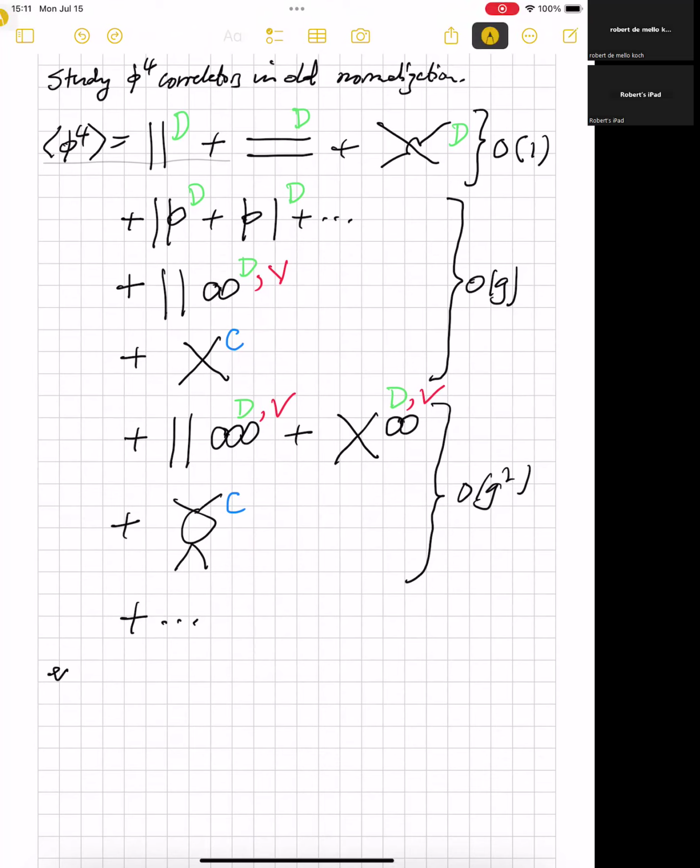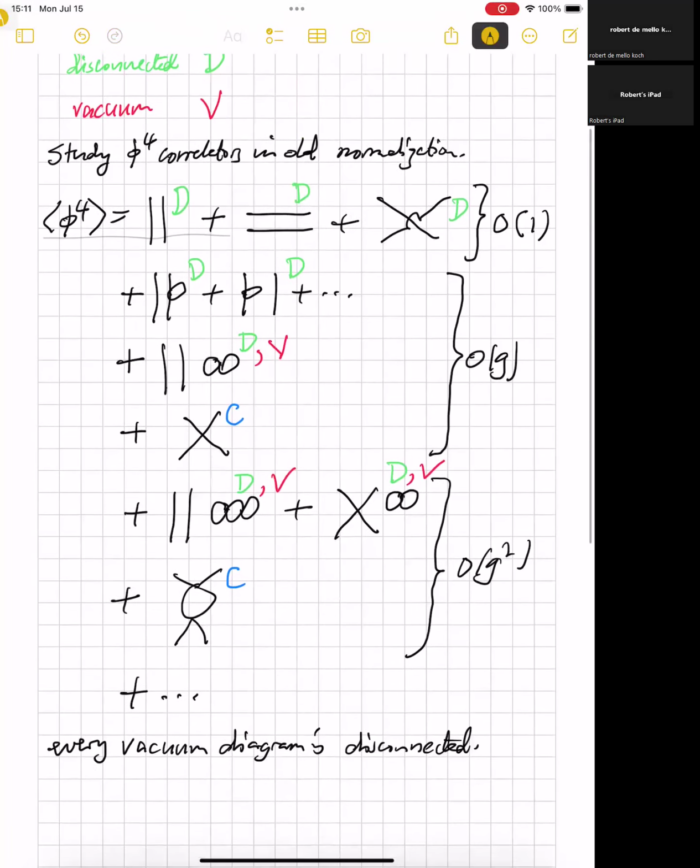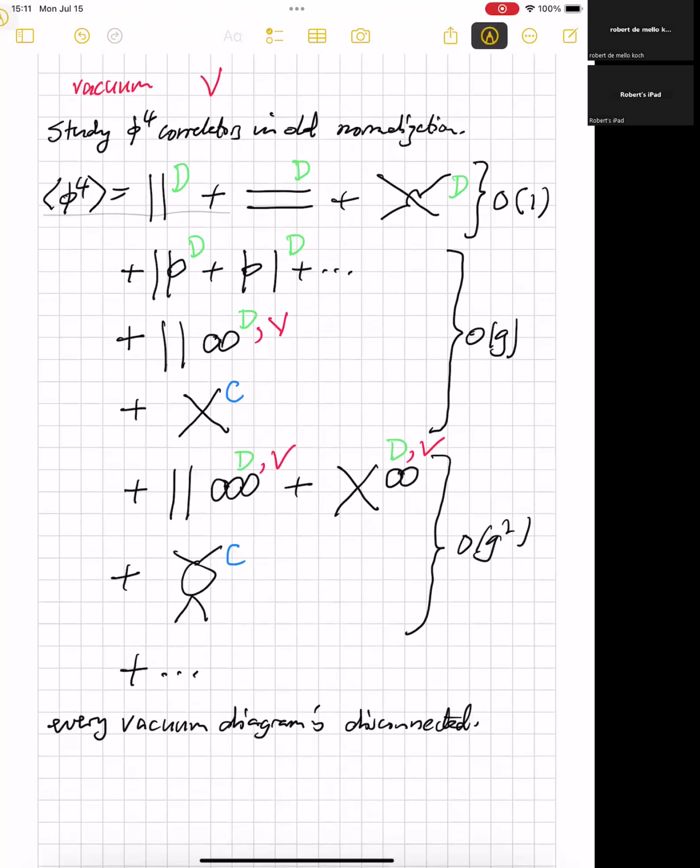So every vacuum diagram is disconnected. Okay, look at our labeling. Every vacuum diagram is disconnected. We've got 3 vacuum diagrams. They're all disconnected. And that's always true. Every vacuum diagram is disconnected.